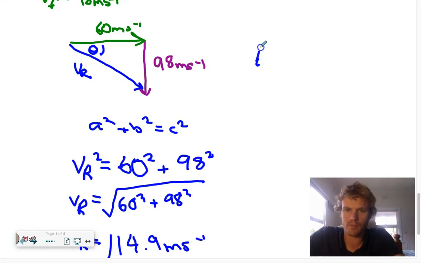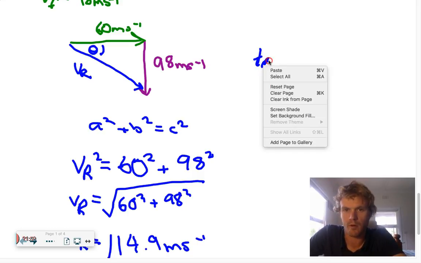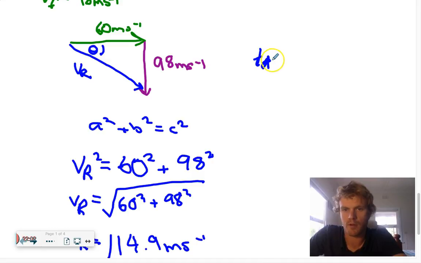So tan theta is equal to the opposite side over the adjacent side.